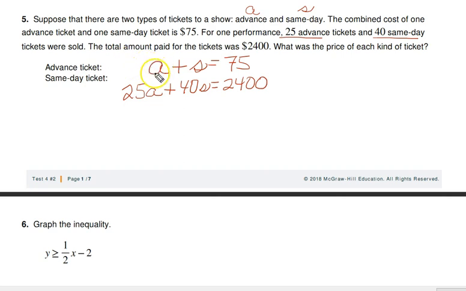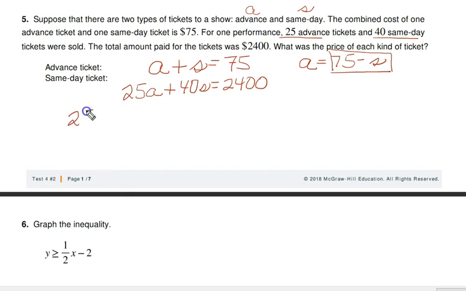Now, since we used elimination a couple of times, let's use substitution again, because we can say that A equals 75 minus S. Just transpose that. So wherever there is an A, we put that in. And let's do that here.